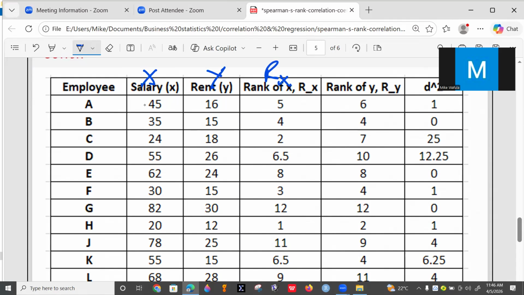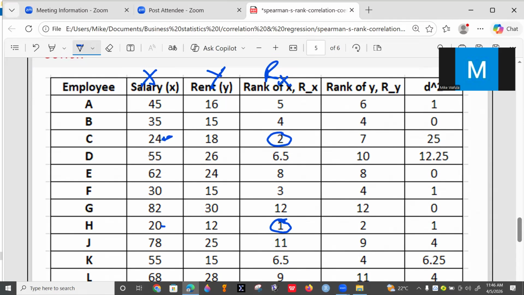Now I'm ranking this column of X. I prefer using ascending order, so that I begin from the smallest to the highest. When you look at this particular column, the smallest value is actually 20, so that's the one I'm assigning 1. Then the next one is 24, which I'm assigning 2.